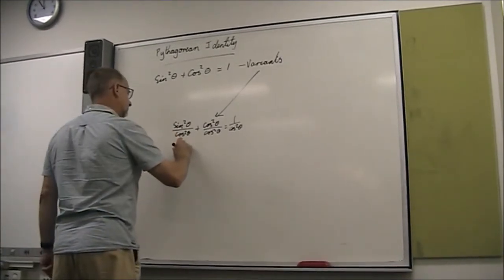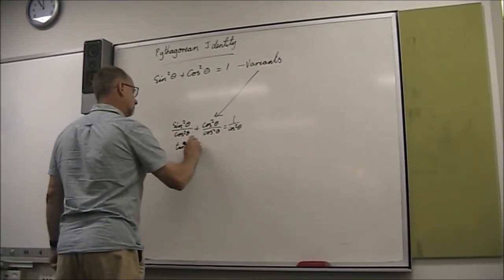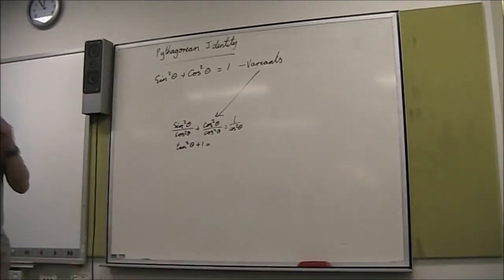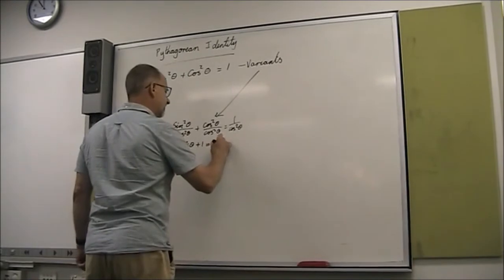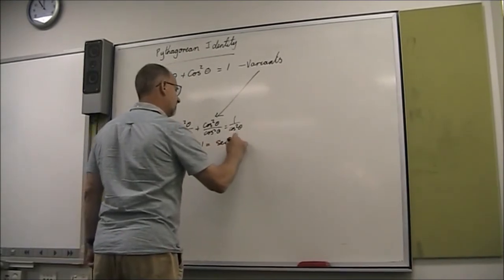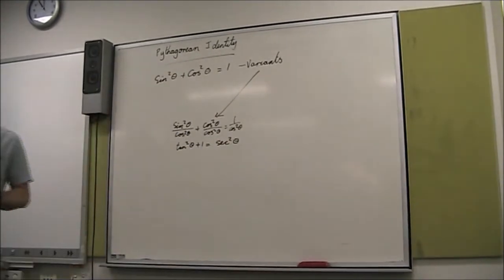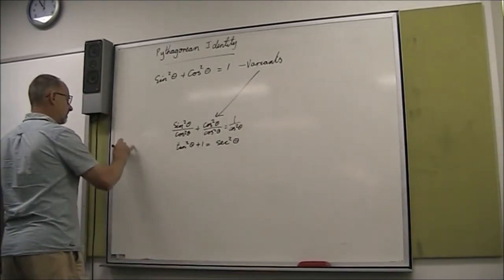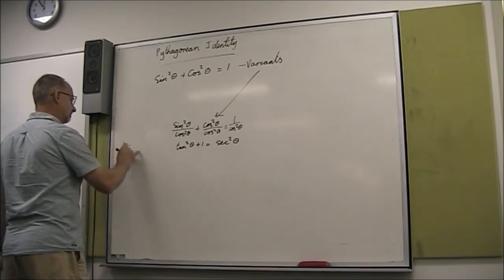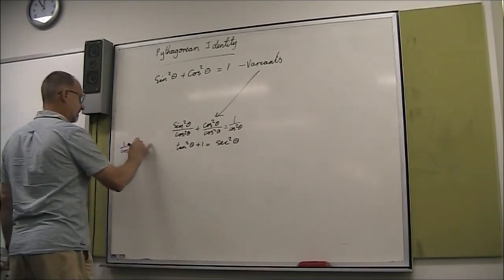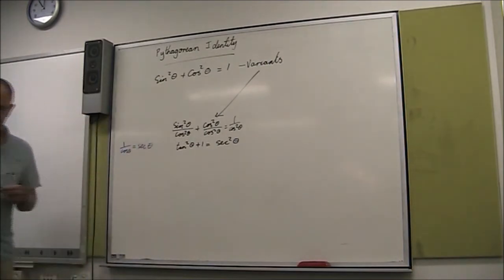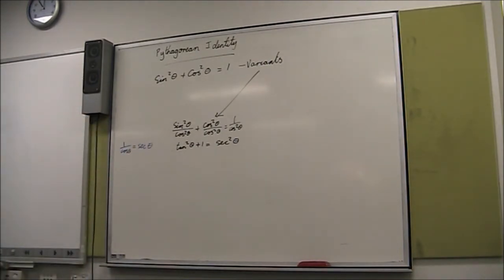And this 1 on cos squared theta, this 1 on cos, is known as sec. So 1 on cos is known as sec or secant or whatever.